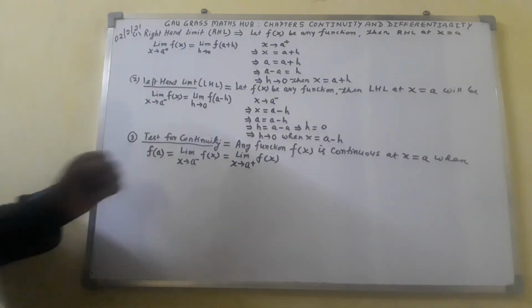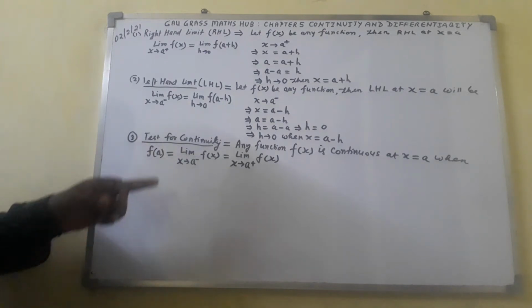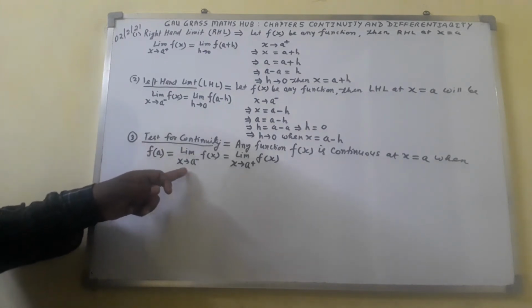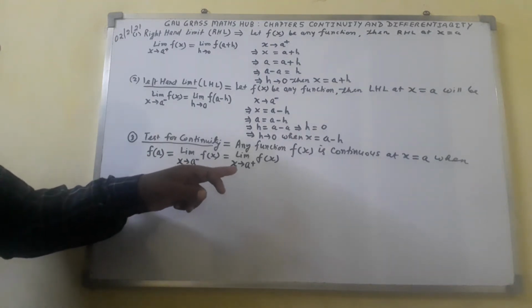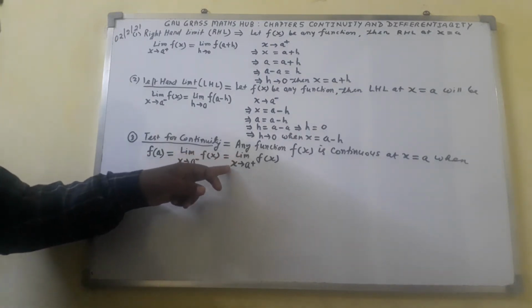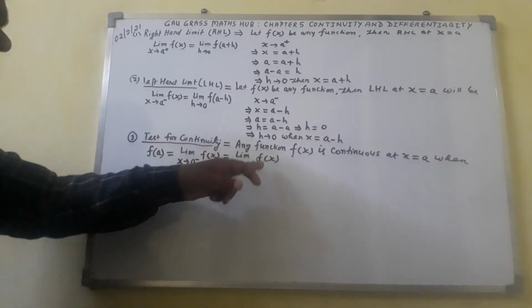That is, f of a equal to lim x tends a negative f of x equal to lim x tends a positive f of x.